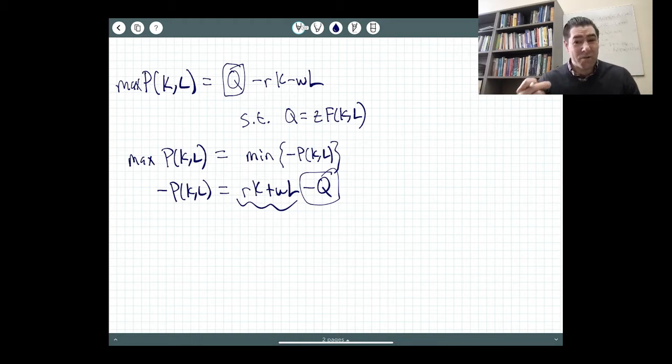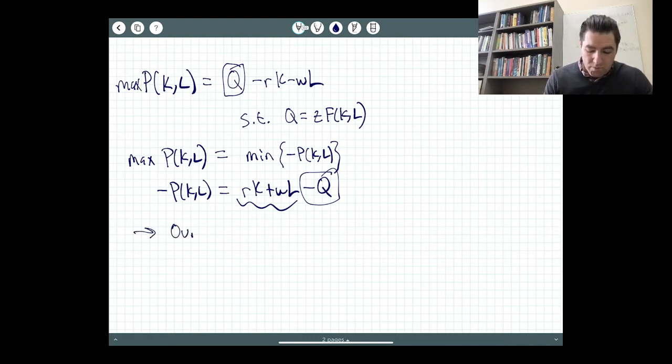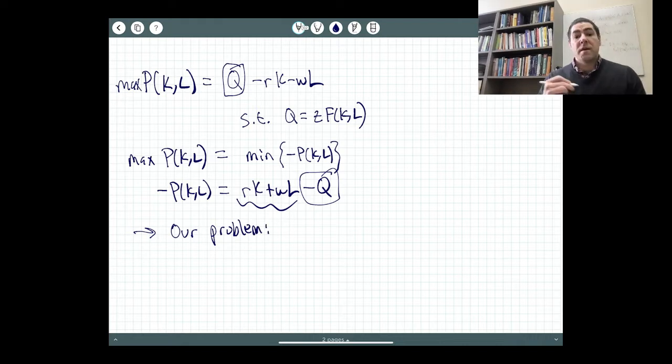That makes a lot of sense when you think of it in terms of the constrained problem. I have to deliver Q units of the good. So Q I can't choose anyway, no matter what I do. And so really, my problem is to select the K and L that delivers Q at the lowest cost. Our problem is to pick the K and L that produces Q cement mixers at the lowest possible cost.